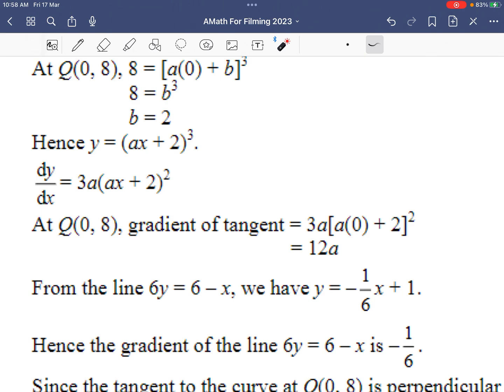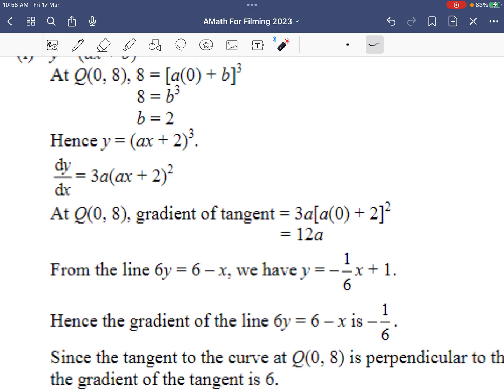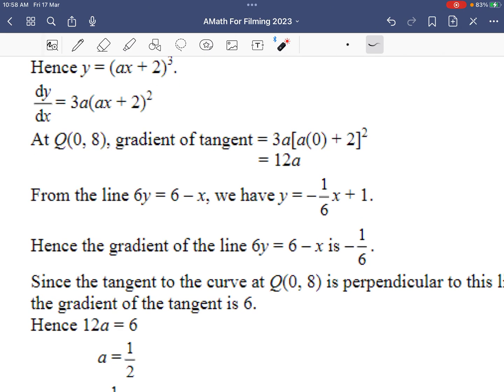So now, the gradient of the tangent at this point, at 0, 8. When you substitute into dy/dx when x equals 0, you get 2 squared is 4, 4 times 3 is 12a. Earlier, I've already spoken about how the gradient of that line, which is perpendicular to this tangent, is -1/6.